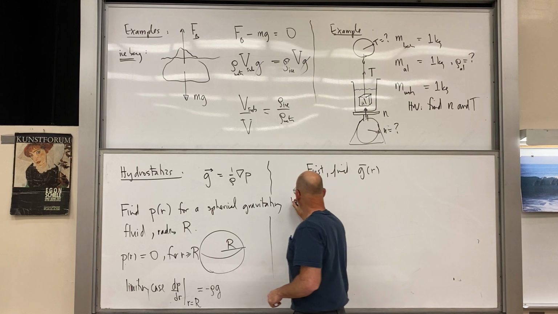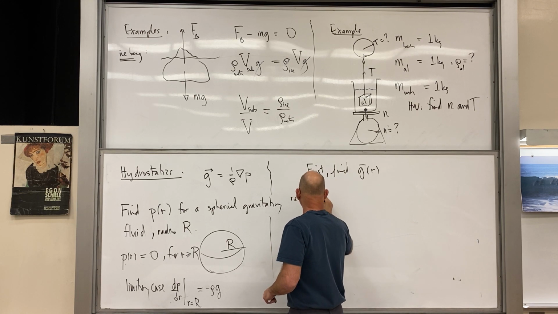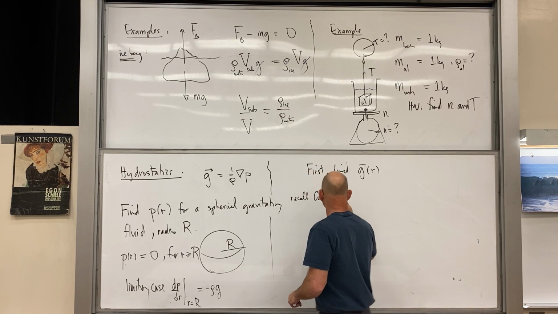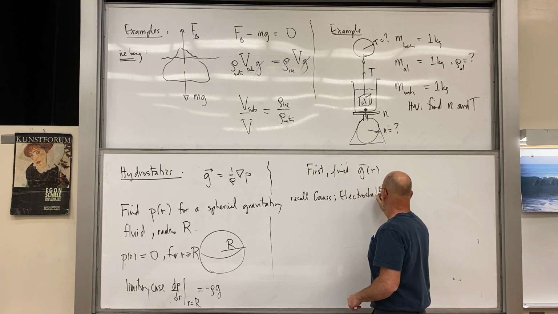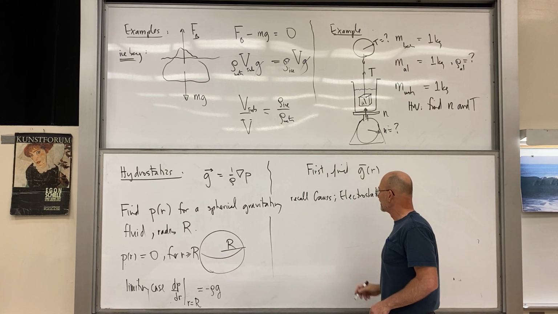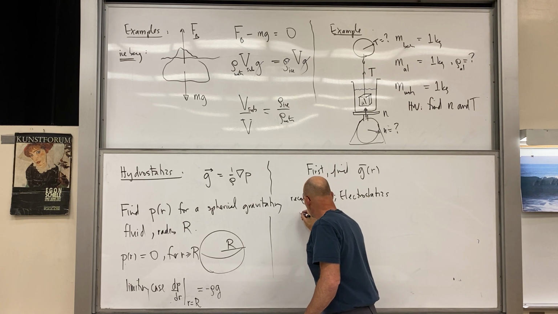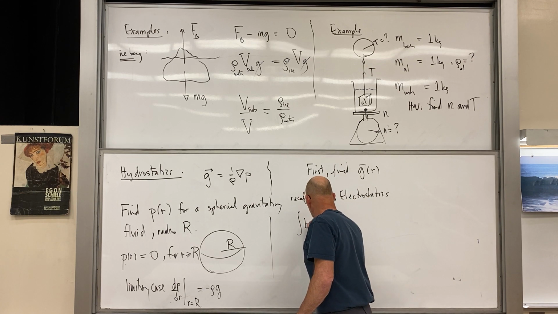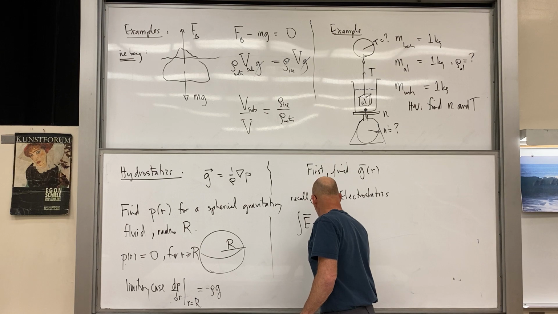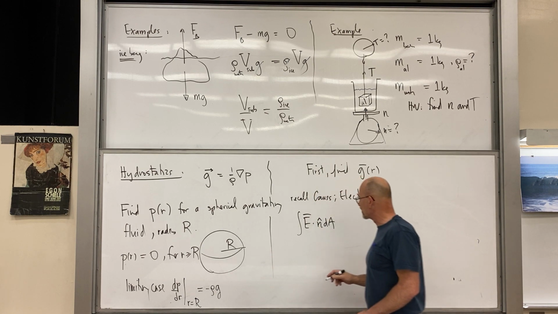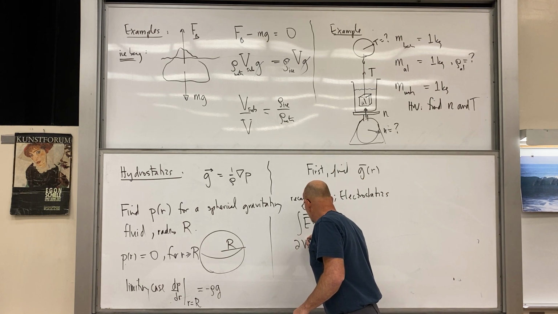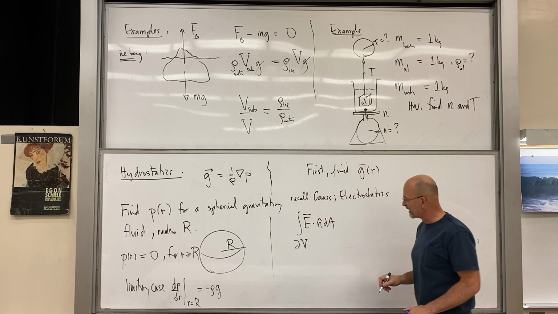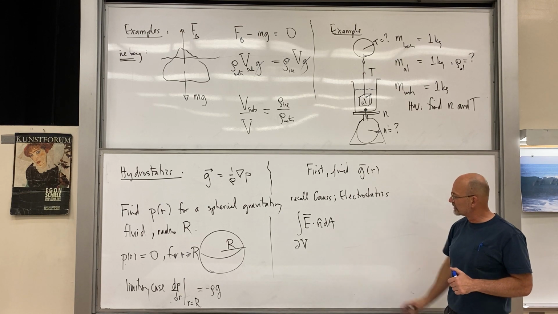So recall Gauss's law for electrostatics. There we know that we have the integral of E dot n hat dA, that flux integral over the boundary of some volume. And of course we're thinking spheres right now, so it's all going to be simple.